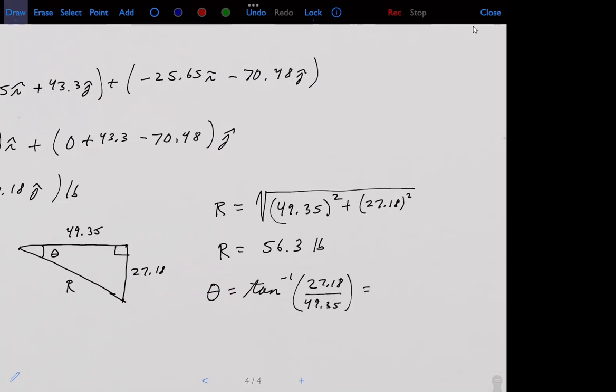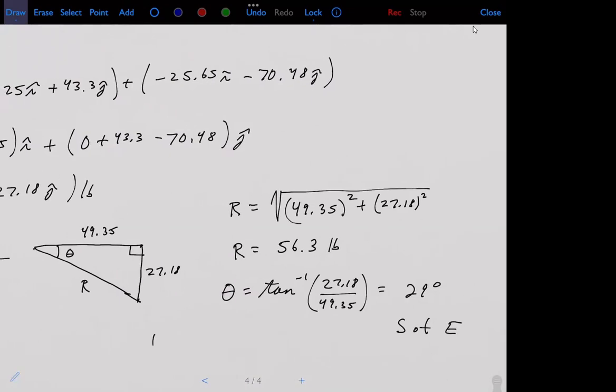And that turns out to be about 29 degrees. And really, it's 29 degrees south of east, right? Because it's in that fourth quadrant. Okay, that's not bad, right? Because remember when we did it graphically, we got 56 pounds at 30 degrees south of east. So this is pretty close.